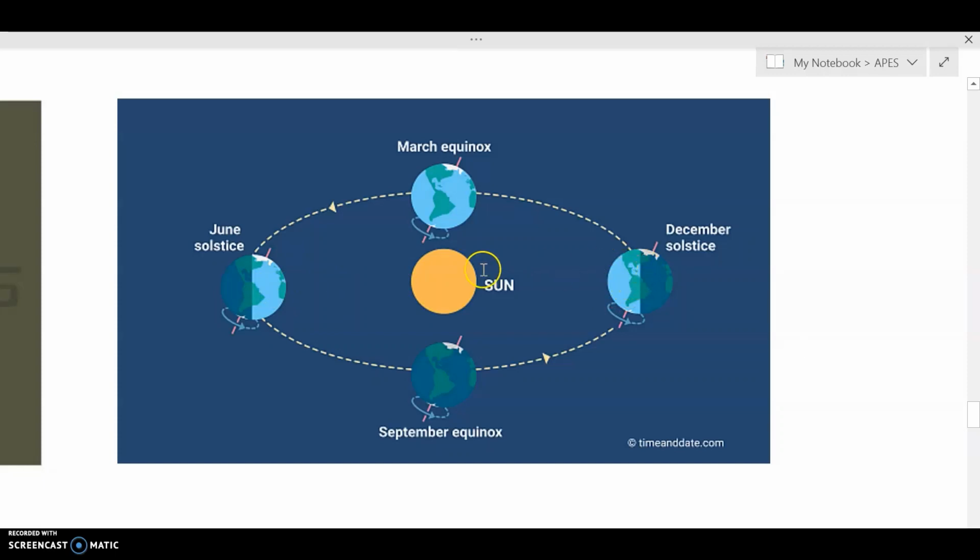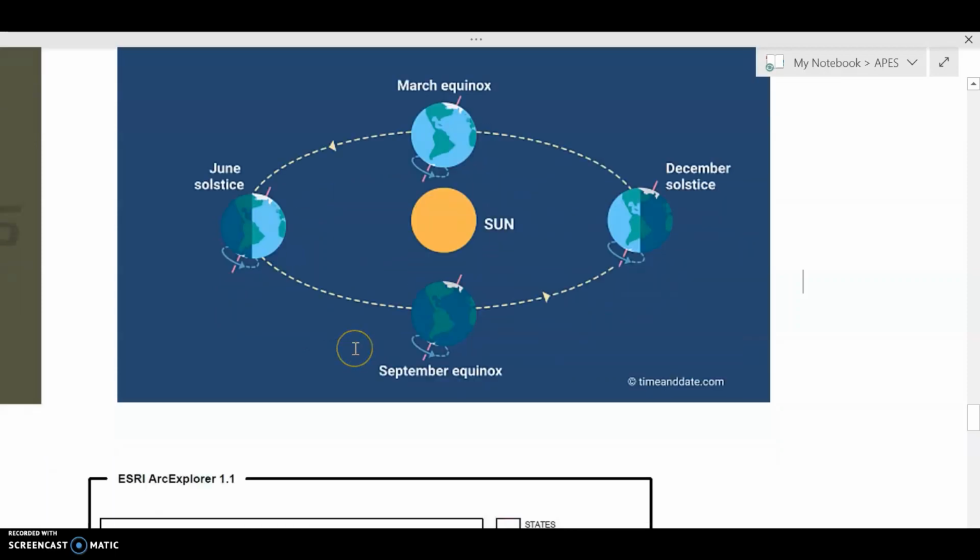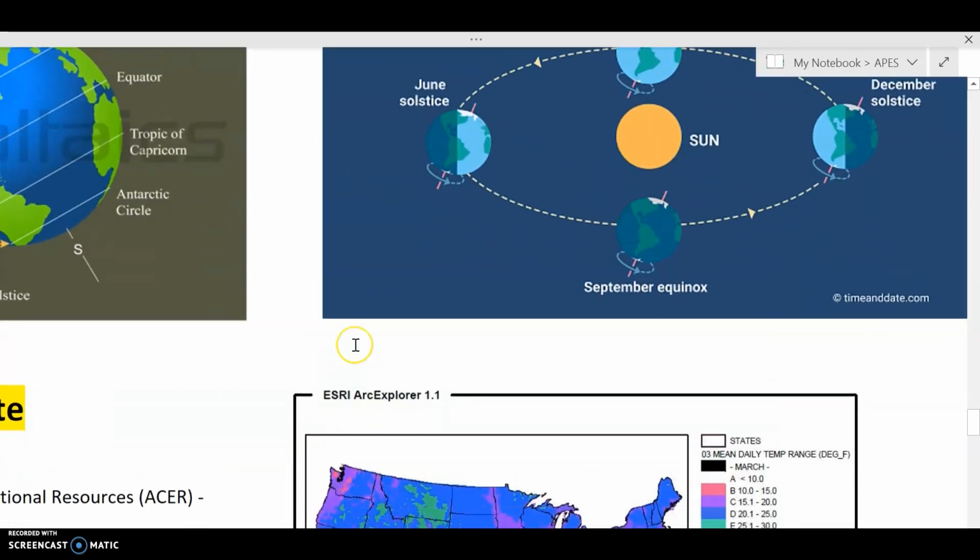Now, since you're tilted away, because the sunlight has to travel a farther distance, the sunlight's going to be less intense. So that pretty much explains the seasons.